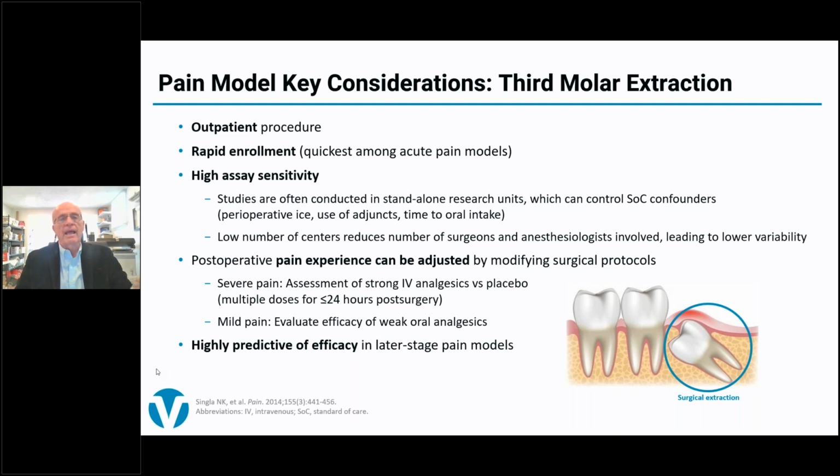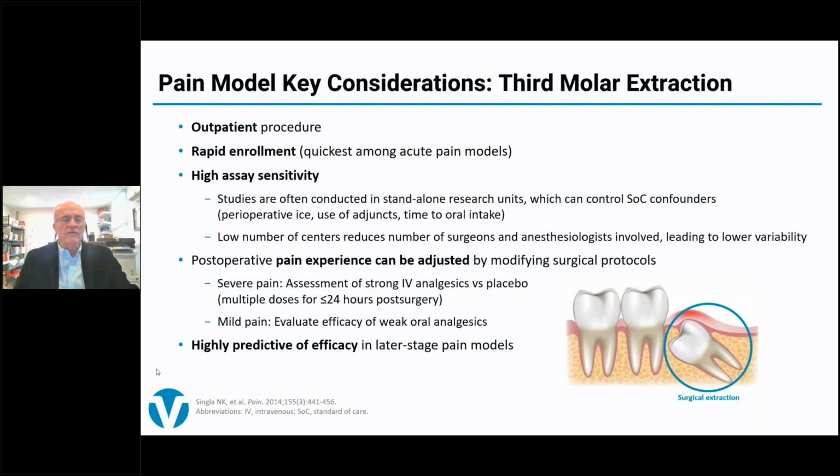You don't want a placebo to be able to demonstrate as much efficacy as the analgesic that is the study drug. The post-op pain experience can be adjusted with this, modifying the surgical protocols a little bit so that you can get more intense pain, and the way in which the drugs are being delivered, IV versus a placebo in multiple doses. But generally, the assessment period is under 24 hours because the pain lessens dramatically by 24 hours and beyond.